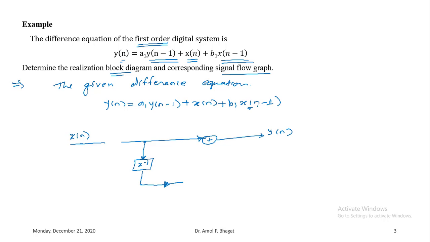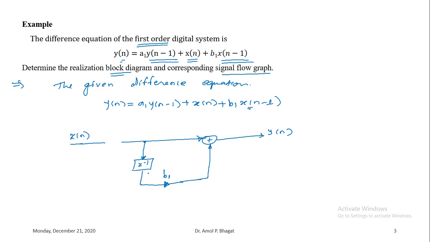So unit delay will be applied here, and the output will be x of n minus 1. Then we'll be multiplying that x of n minus 1 output with the constant b1. This b1 multiplied by x of n minus 1 will get added with x of n here. So currently the output of this adder is x of n plus b1 x of n minus 1.